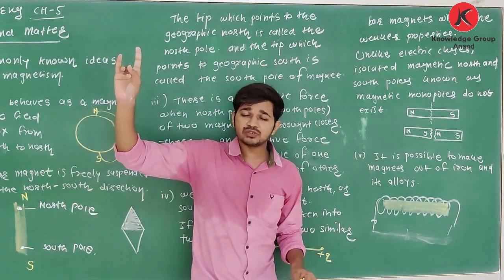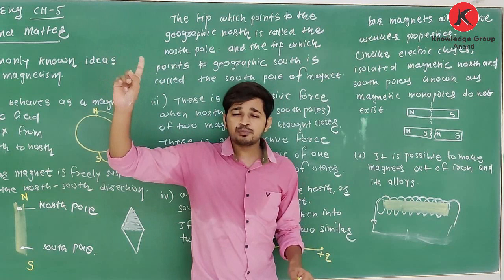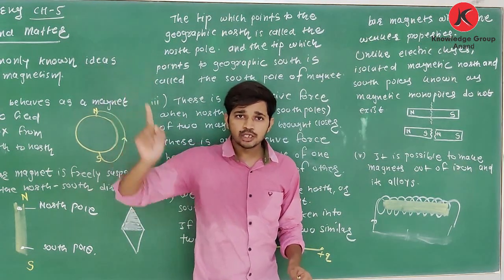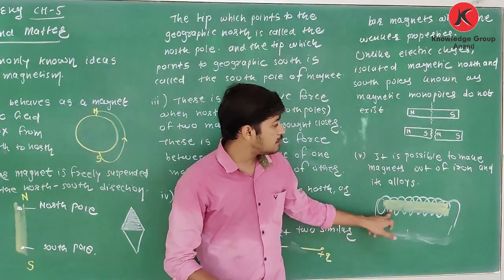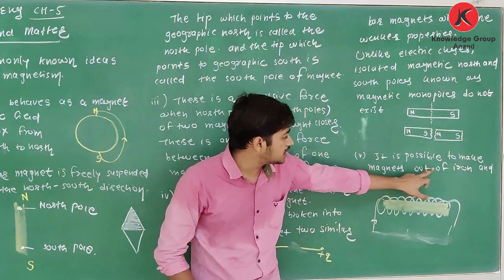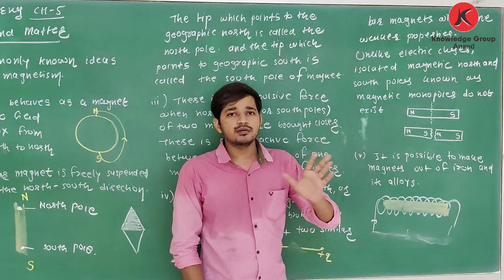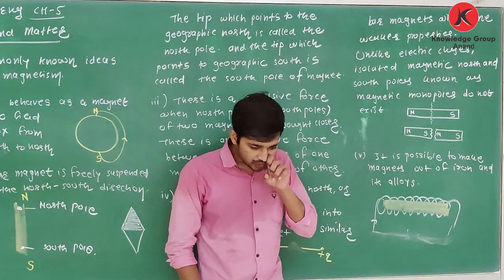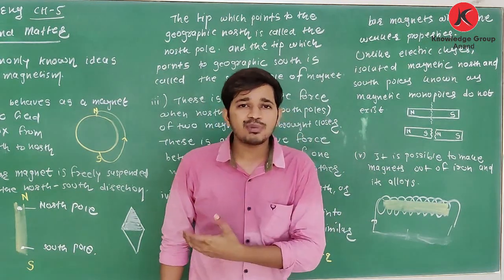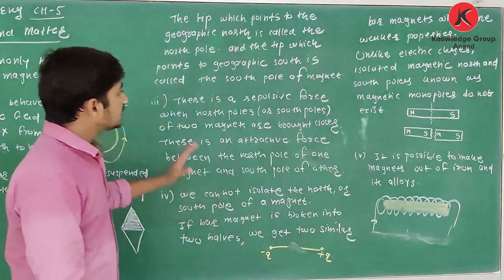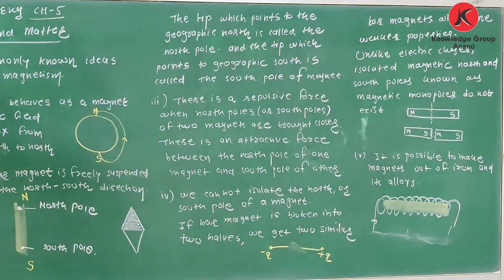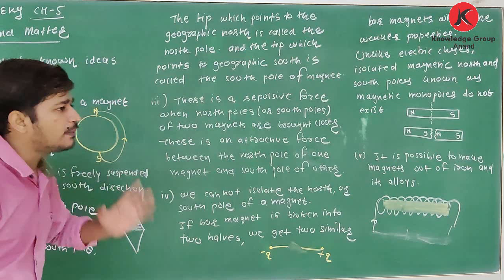Remember polarization from chapter number 2. Here it is called magnetization. We can convert iron or its alloys into a magnet. Clear about this? So yes, it is all about some history and some commonly known ideas regarding magnetism.